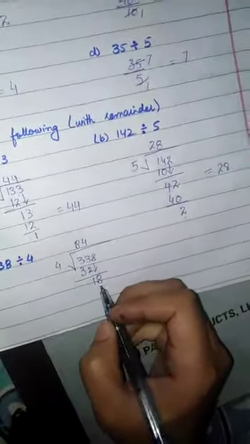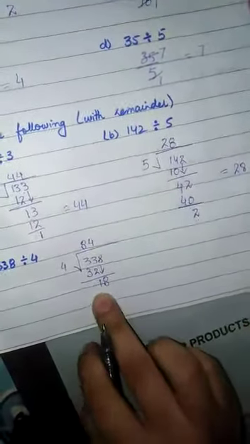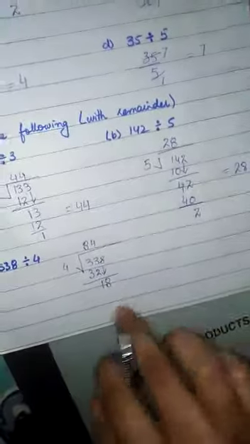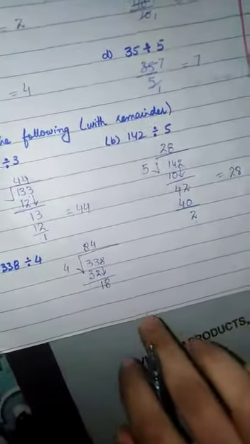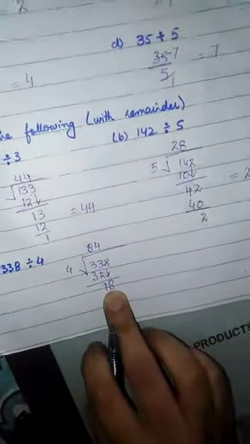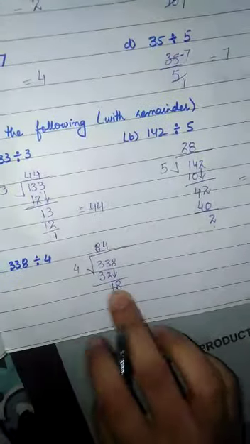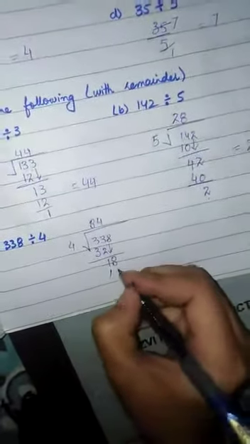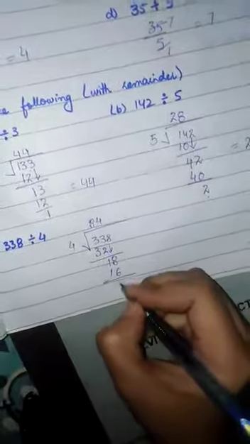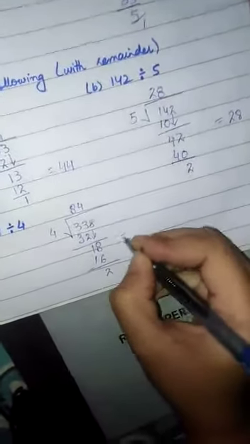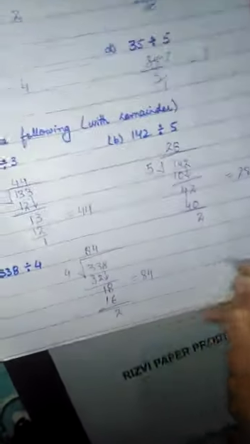And we are not able to write 20 here, because 4 times 5 equals 20, and 20 is greater than 18. So we write 4 times 4 equals 16, and 2 is left over. The answer here is 84, and you should write this 84 in the textbook.